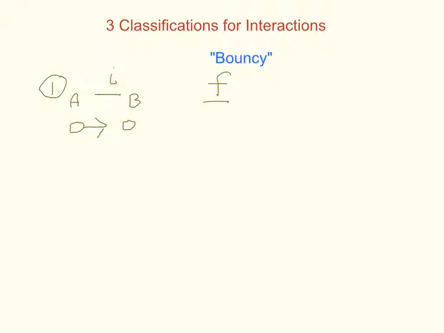And then afterwards, once they collide, both object A and B will have some velocity directed to the right. So there's a little illustration showing you this interaction and what the two objects are doing before, initially, and then after the interaction occurs.